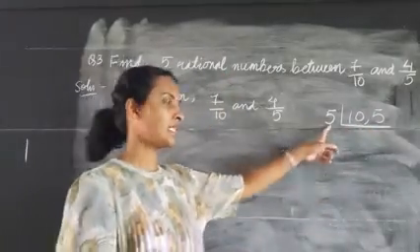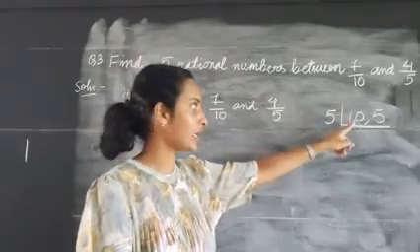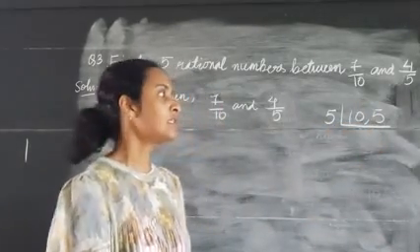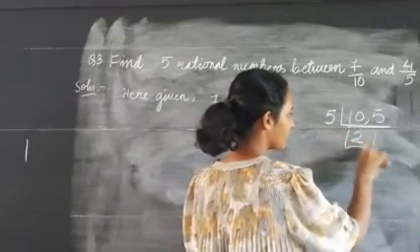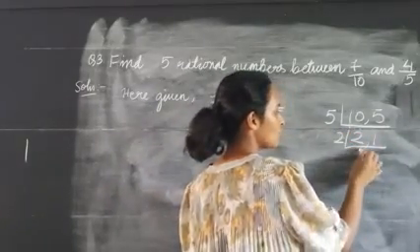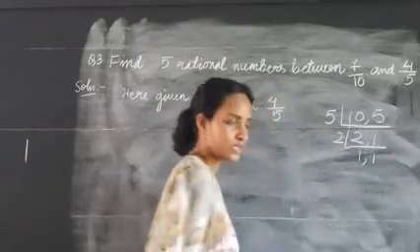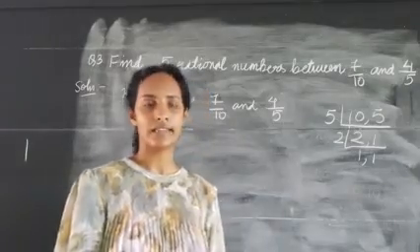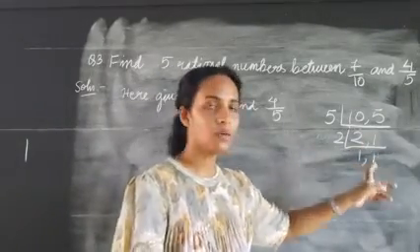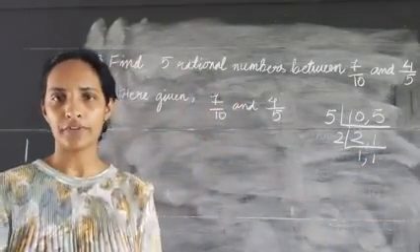So 5 is the least number in whose tables we get 10 and 5 both. 5 twos are 10, 5 ones are 5, and then we take 2, 2 ones are 2, and 1 ones are 1. We just leave it like this because we have got 1, 1 already. So this is how we find the LCM.